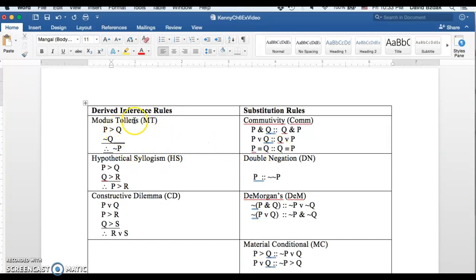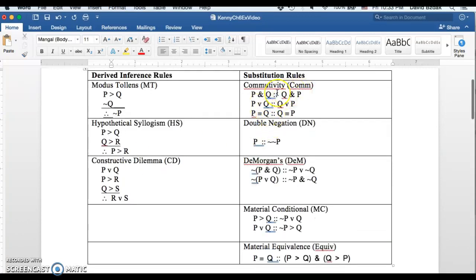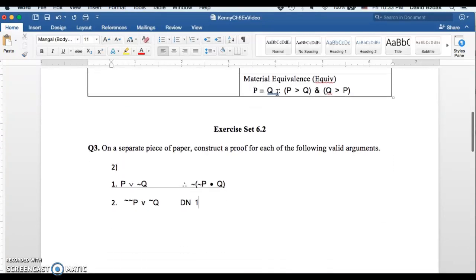In other words, you can't do inference rules on parts of sentences, but you can do substitution rules on parts of sentences. So here, notice that this whole part stayed exactly the same from premise 1 to premise 2. Right? All that changed was this first part. We substituted for P, we substituted not not P.